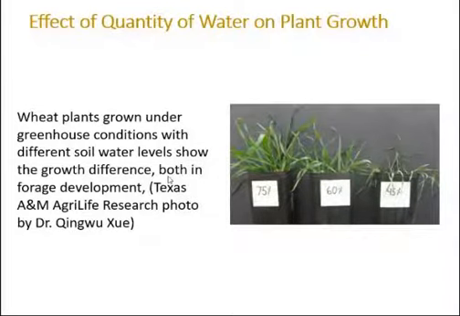Something very important for the plant is the amount of water and the quality of water. Here we have an experiment. It shows that the amount of available water in the soil definitely affects plant growth.